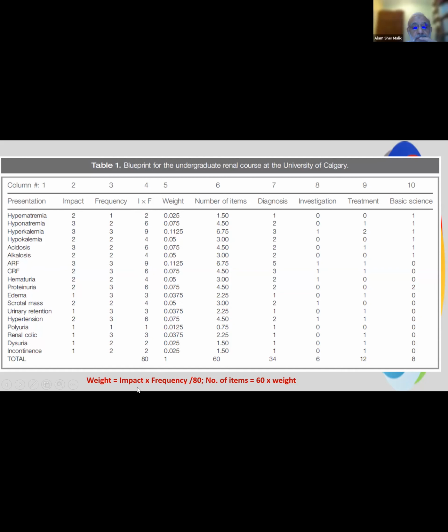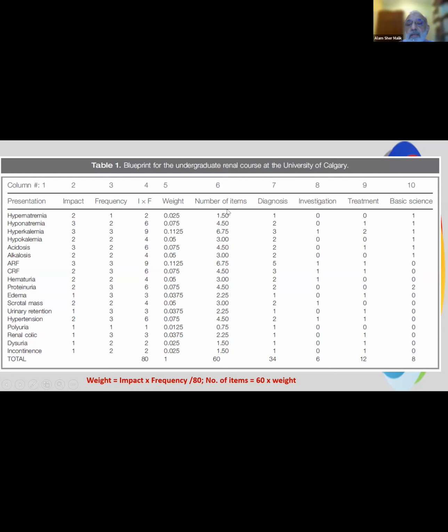And then we know the maximum number of questions we are going to use. So we multiply the maximum number of questions by that weight to calculate the number of items. So when there is, let's say, hypernatremia, we have impact 2, frequency 1, so impact times frequency is 2. 2 divided by 80 is 0.025, and 0.025 multiplied by 60 would come to 1.5.